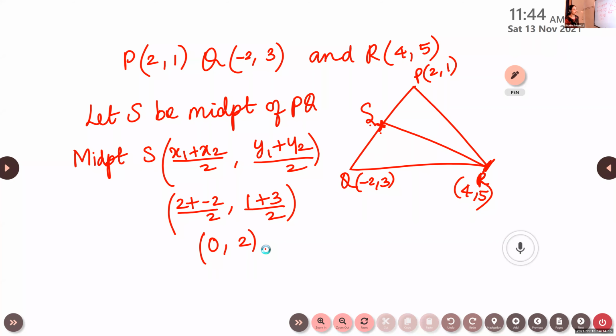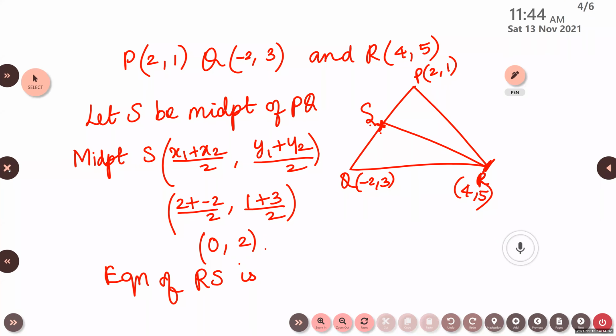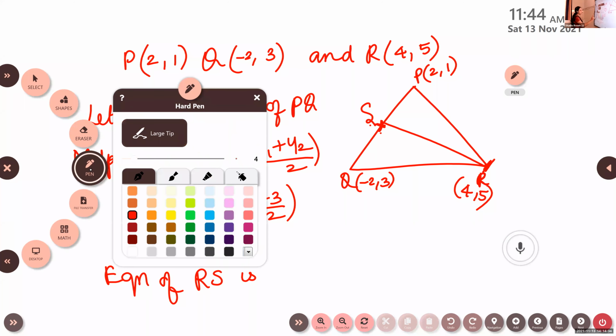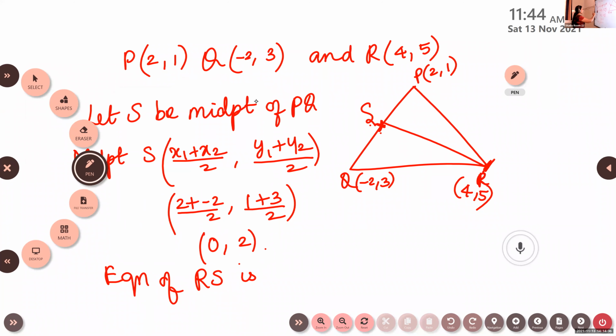Once we get the midpoint, you can find the equation of RS. Which formula you have to use? 2 point. Very good. 2-point form, because 2 points are given. Both the endpoints are given.